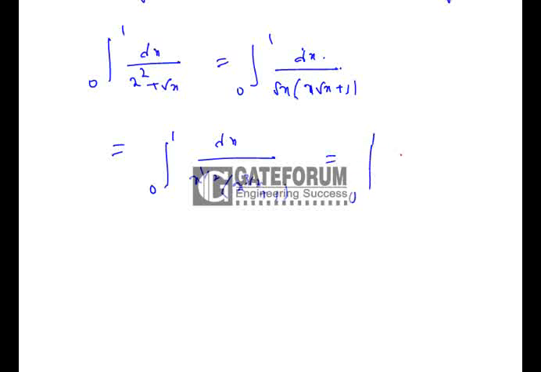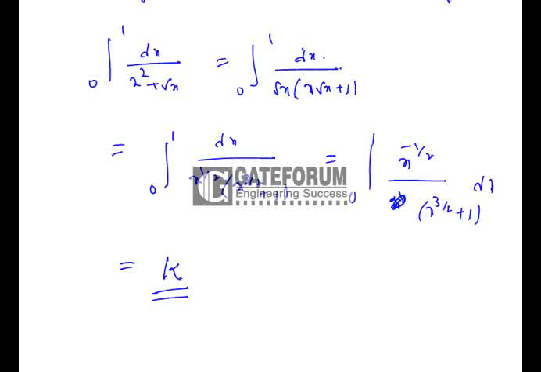This can be written as 0 to 1 x power minus 1 by 2 by (x power 3 by 2 plus 1) into dx. Now clearly if we integrate this, it will be a constant value, let us suppose some k. You can substitute x power 1 by 2 as some t and you can evaluate the answer. So it will be a finite value, that is constant. So it converges, option A.